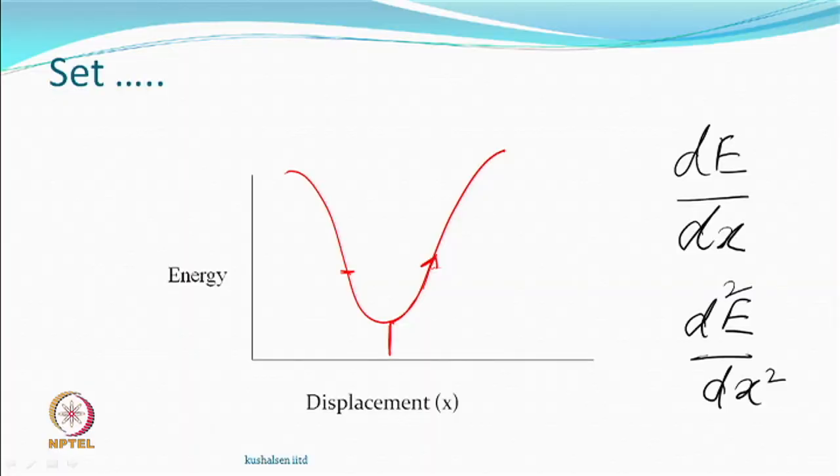So, delta G must be doing something like that, all right. If you want to express it, dE by dx should be 0, and d square E by dx square.